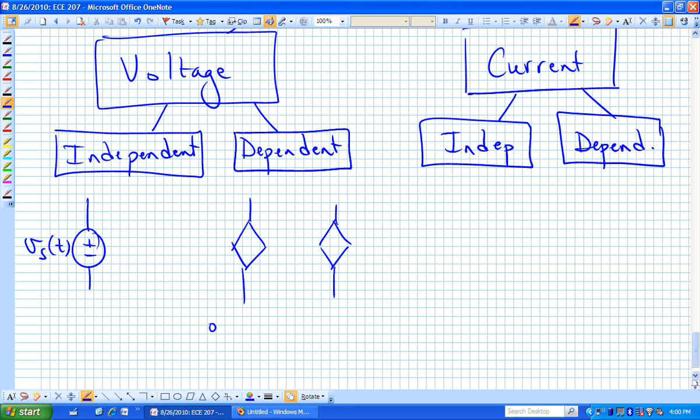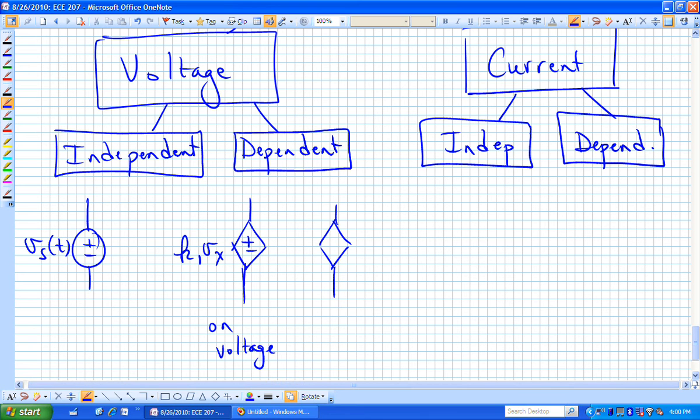This one is, let's say, dependent on voltage, which means that maybe it has a polarity plus to minus from top to bottom, but it's now some multiplying factor, K1, times a voltage V sub x. It's dependent on a voltage V sub x somewhere else in the circuit. That's what that means. Another dependent voltage source could depend on a current flowing somewhere else in the circuit.